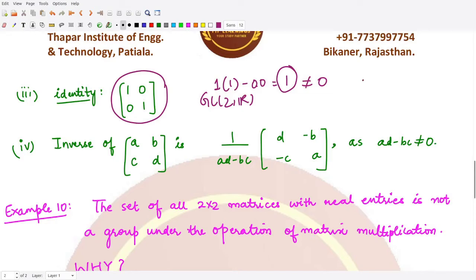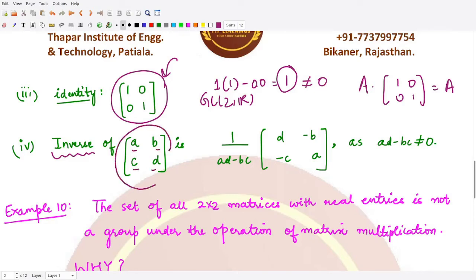Why? Because if you multiply any matrix with this matrix 1 0 0 1, you will get back that same matrix. You can try, because this is the identity matrix. And moreover, last is the inverse of any random element. So let's consider a matrix whose entries are A, B, C, D. Now we wanted to calculate what is the inverse of this matrix.